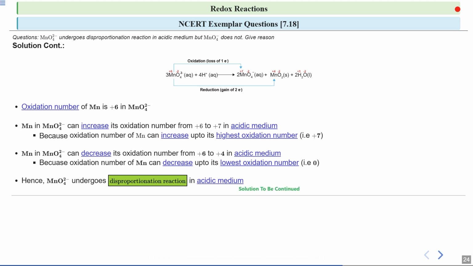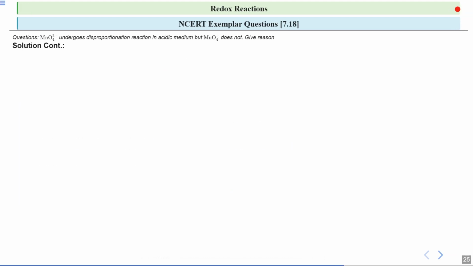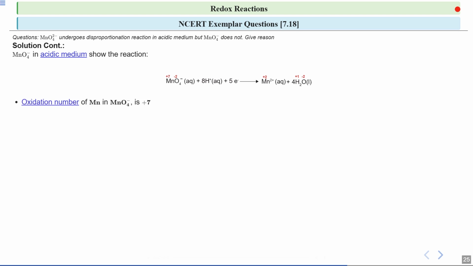Now let's move on to the next species, which is MnO4-. What is the reaction shown by MnO4- in acidic medium? MnO4- plus 8H+ plus 5 electrons will give you Mn2+ plus 4H2O. Here I have written the oxidation number. You can write it by yourself also. But what can be inferred from the oxidation state? Manganese has a +7 oxidation state.